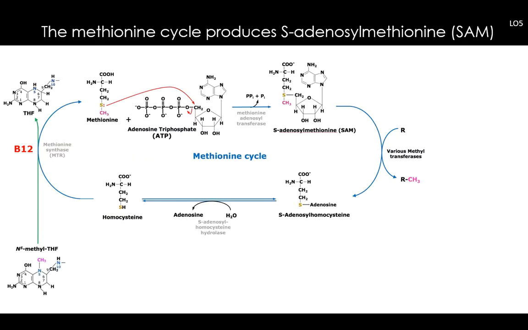Following the formation of methionine, methionine reacts with ATP to form S-adenosylmethionine, or SAM, in a reaction catalyzed by methionine adenosyltransferase. SAM then acts as a methyl group donor in the synthesis of many compounds that contain added methyl groups, as detailed in the next slide.